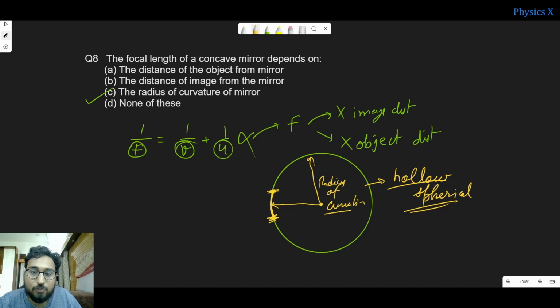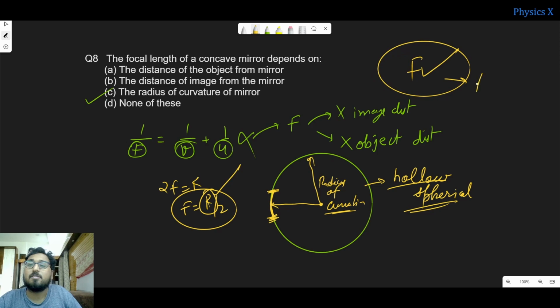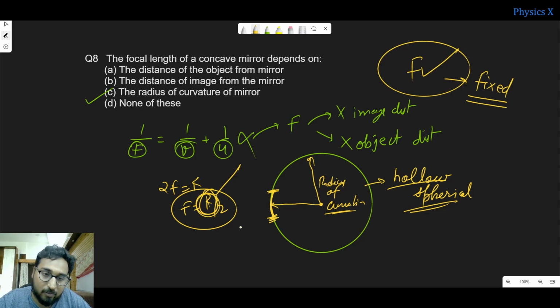So if radius of curvature is fixed, that means 2f equals r, f equals r by 2. So by the time you make this convex or concave mirror, by construction, the value of r is fixed. That means value of f is fixed. So f is dependent on the construction. It depends on the radius of curvature, because the radius of curvature will be fixed for the sphere from which you are making the spherical mirror.